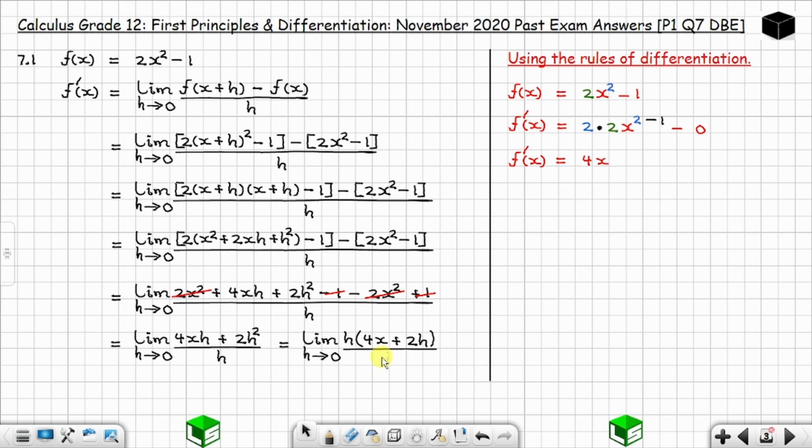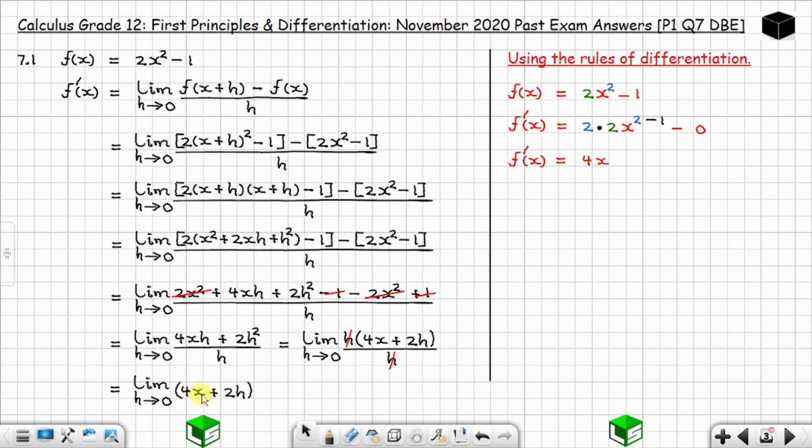Remember, it's over h. Now you can see this h and this h will cancel, right? It will cancel. So you carry on. This is equal to the limit as h approaches 0. So you only have this 4x plus 2h.